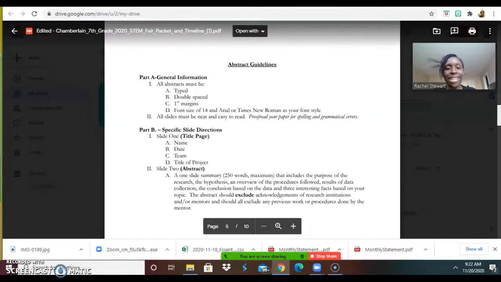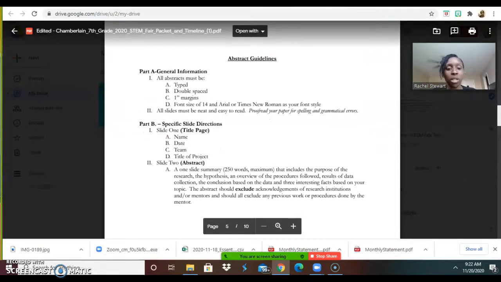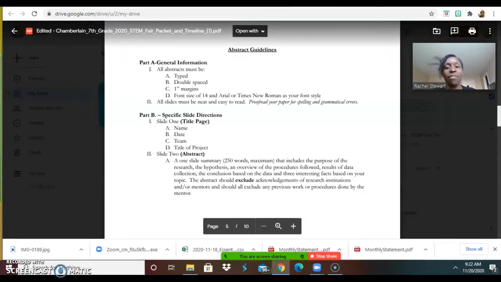Now, when we get to the abstract guideline, we will definitely talk over this more, but if you read it here, this will give you a clear definition of what your abstract should look like on one of your Google Slides. Okay, but we will be working on this, okay? And if you have any questions, you can further ask me.